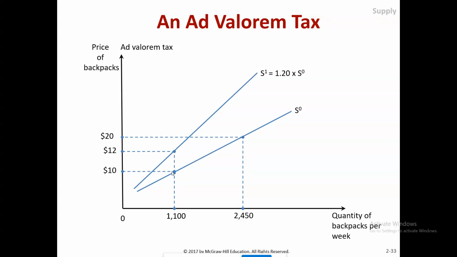So at $10, 20% more will be $12. At $20, 20% more will be $24. So the difference here from 10 to 12 is $2. Here, 20 to 24 is $4. The absolute value increases even though the percentage is the same.